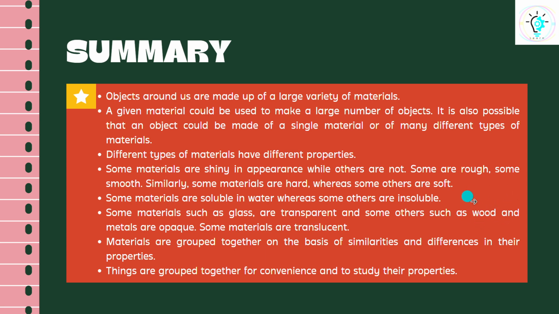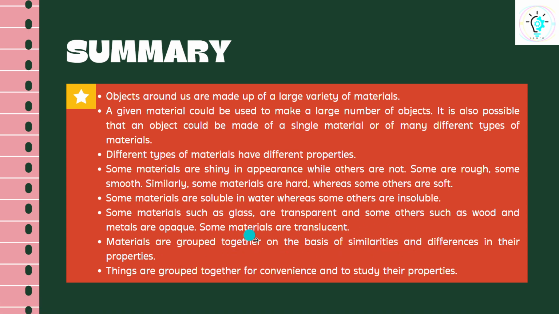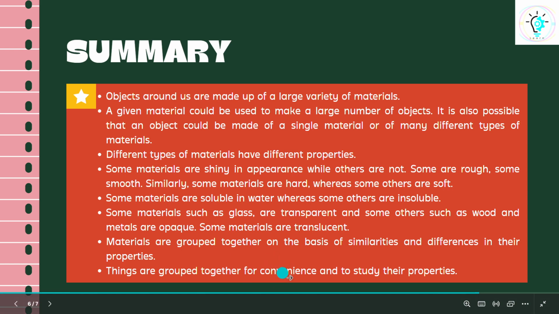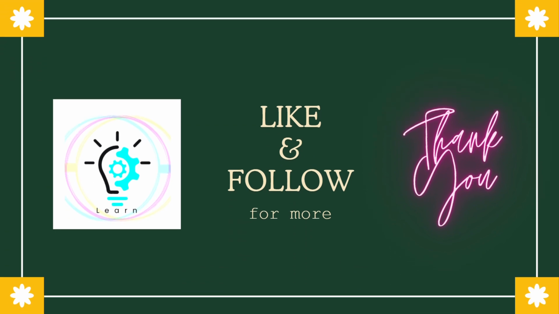For example, wood, those are opaque. So materials are grouped together on the basis of similarities and differences and things are grouped together for convenience and to study their properties. With this, we have come to the conclusion of this unit.